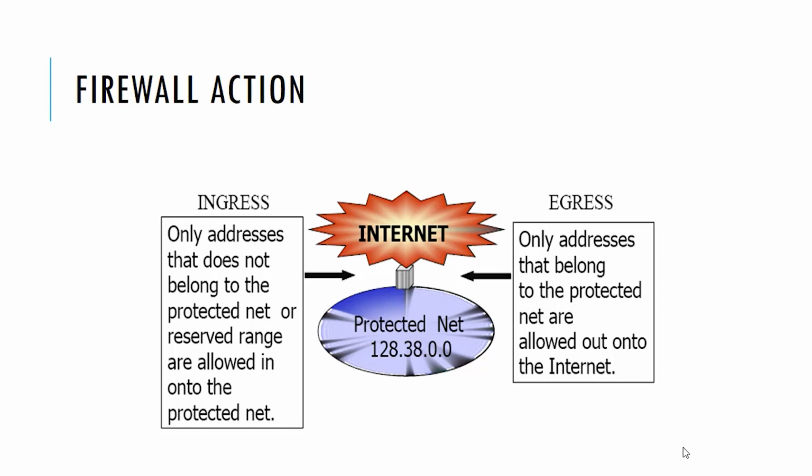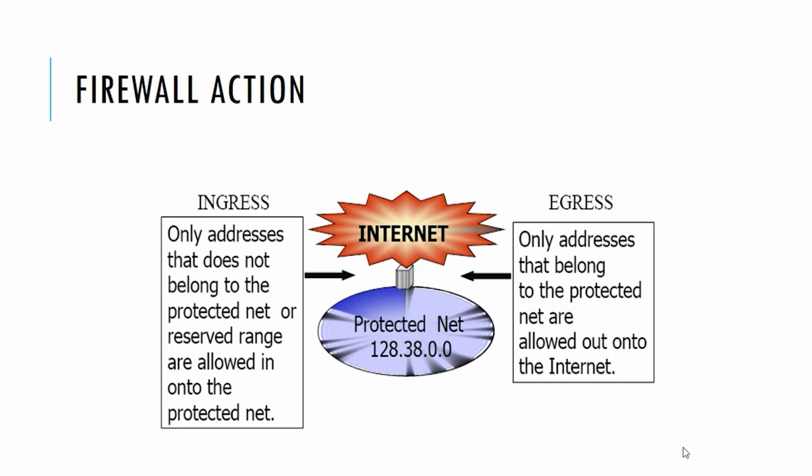And this traffic may contain malicious and unwanted packets, so you are responsible for allowing only addresses that do not belong to the protected net or reserved range onto the protected net. It is illogical that you allow a packet coming from the internet having a source IP that belongs to your protected net. How come? Is it coming from outside or from inside?